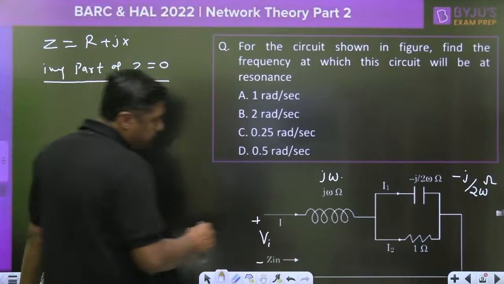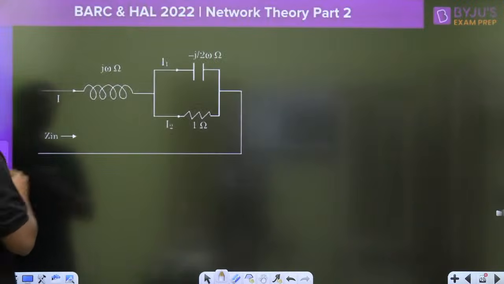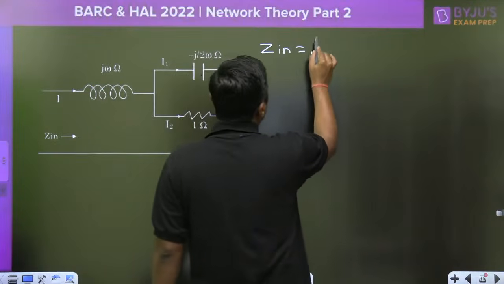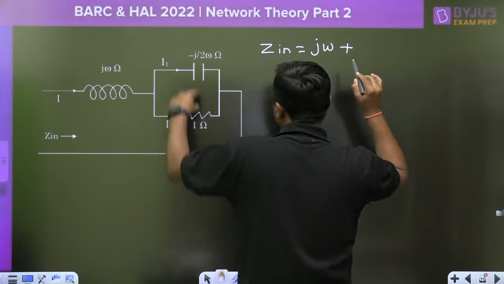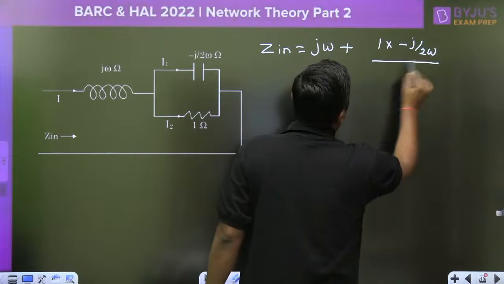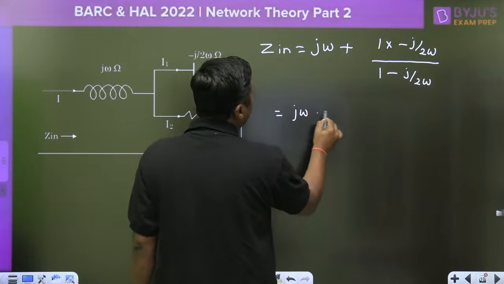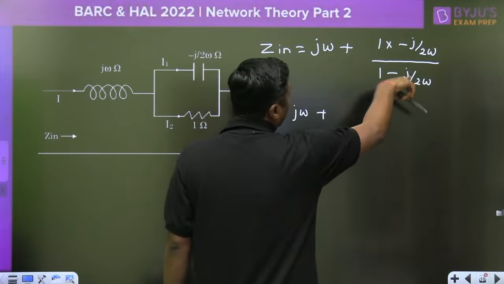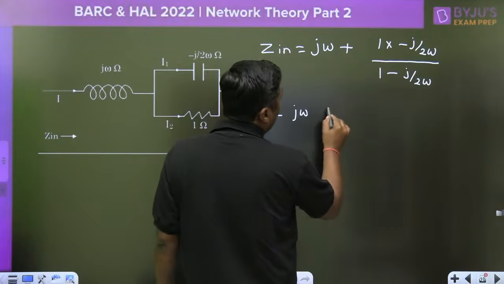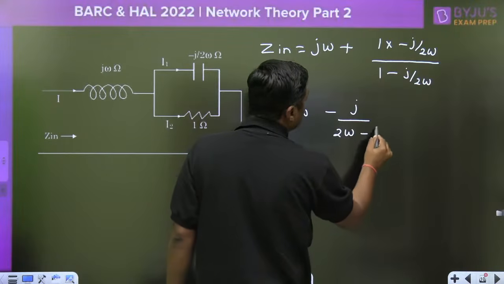Now, very simple. Calculate Z in. Z in is equal to, watch this carefully, j omega plus these two impedances in parallel, so we can write 1 times minus j by 2 omega upon 1 minus j by 2 omega. Because these two are in parallel, we can write it like this. The 2 omega cancel, and this becomes minus j upon 2 omega minus j.